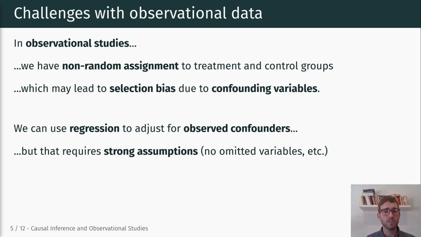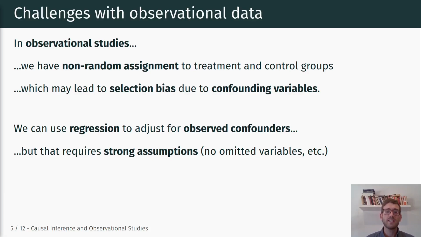One of the most crucial assumptions, which is essentially untestable, is that we have no omitted variables: that we observe all potential confounding factors, all variables that potentially impact treatment assignment and also the outcome itself, and that we can adjust for all of them.